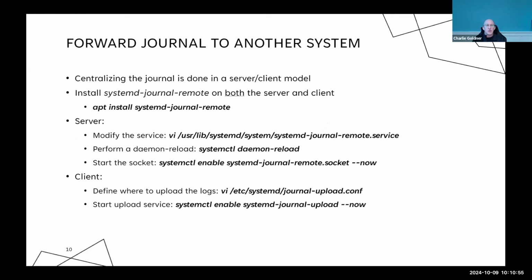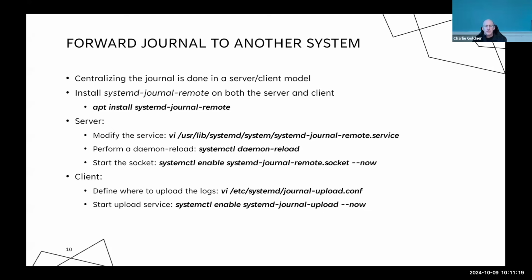You can tell the service, I only want you to listen on HTTP, or I only want you to listen on HTTPS, and I want you to put the files in this directory. Once that's done, you do a daemon reload and you start the socket. The socket itself has a default port assigned to it. If you don't want to use the default port, you can change it to something else.